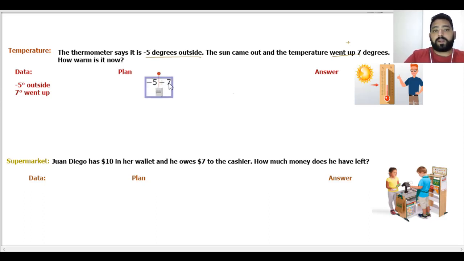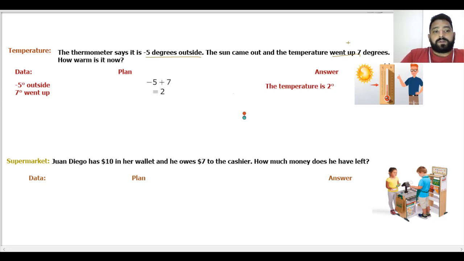Negative 5 plus 7 have different signs, so we subtract them. 7 minus 5 is 2. Now we think about the sign. In this case it's positive because 7 is greater than 5. Now the answer will be the temperature is 2 degrees, or it's 2 degrees warm.